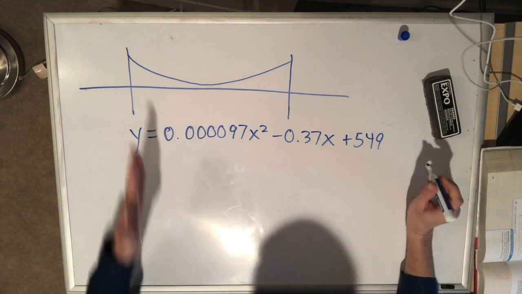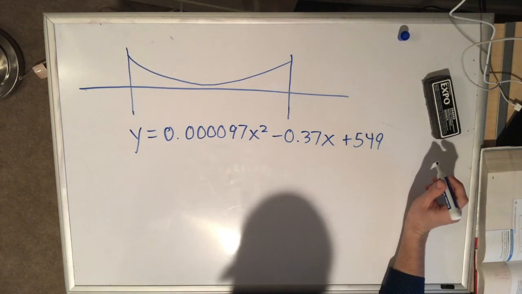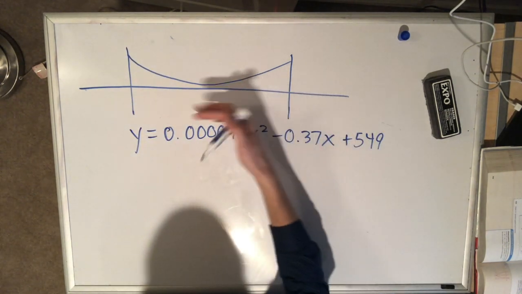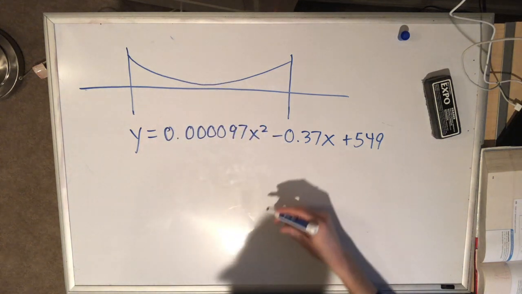And y is the height, x is horizontal distance.